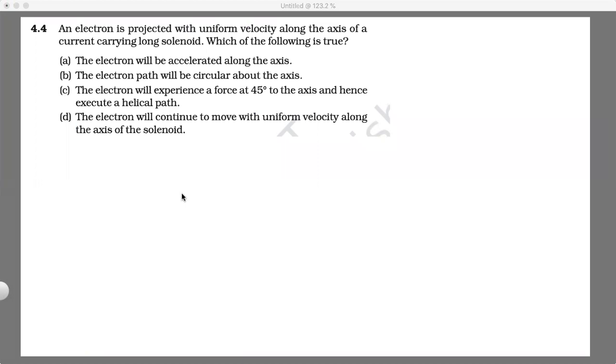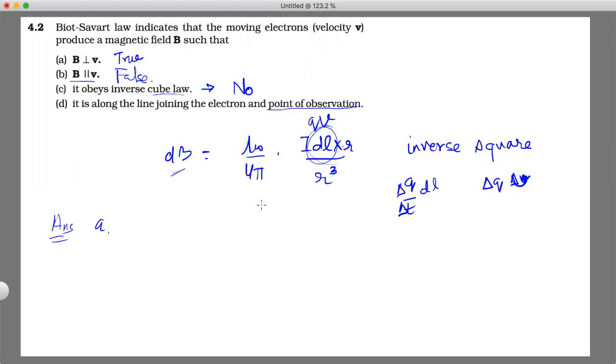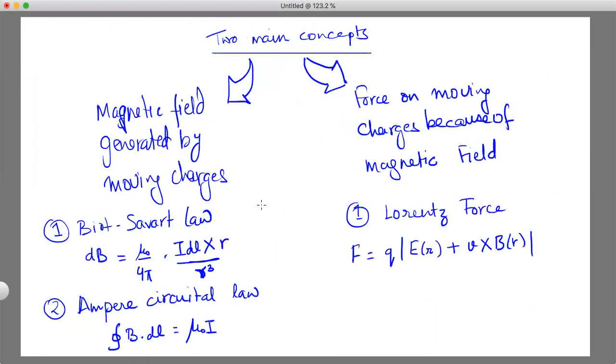By the way, one thing that you should remember: there are two ways for you to find the direction of anything in this chapter. One way is that when you remember all these formulae, you remember that if there is a cross, the resultant is a vector.